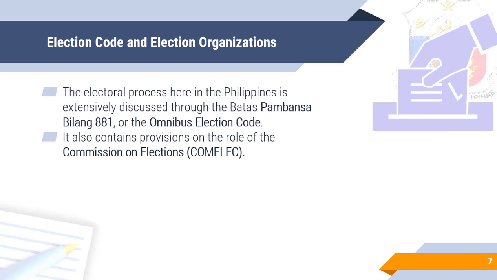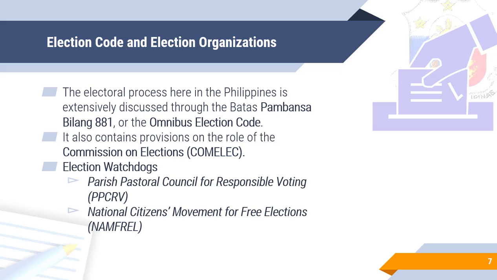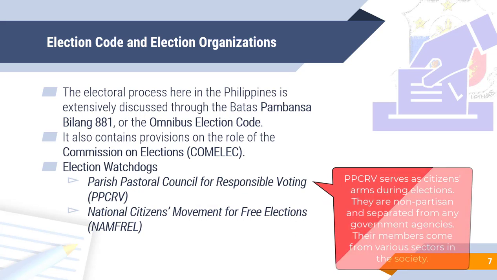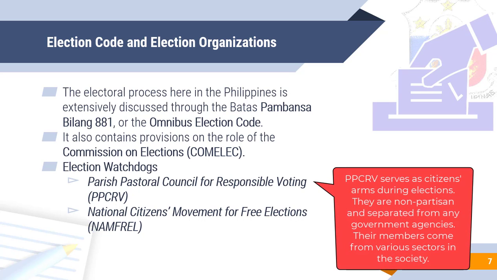There are also organizations who serve as election watchdogs to ensure that elections are free from corruption and other illegal transactions. The Parish Pastoral Council for Responsible Voting, or PPCRV, serves as the citizens' arm of the COMELEC. It is non-partisan and independent from any government agency, with members coming from various sectors of society.